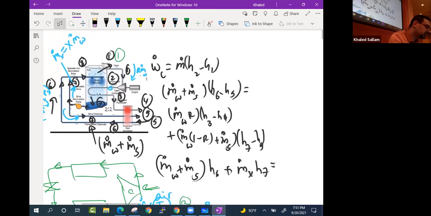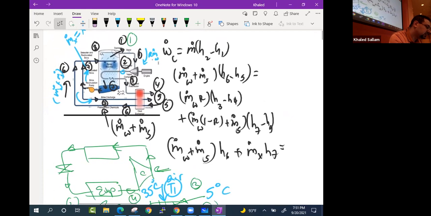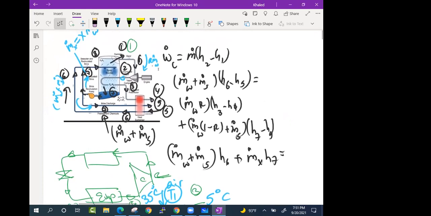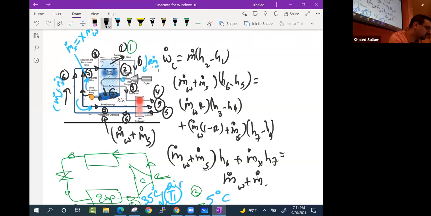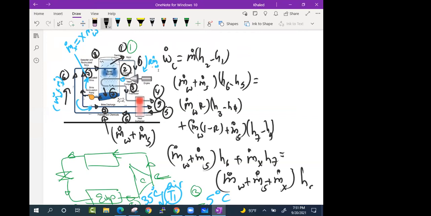Help. 1 minus R, or no. It would be M dot water plus salt plus X. Yes. Multiply by H8. Yes. Okay.